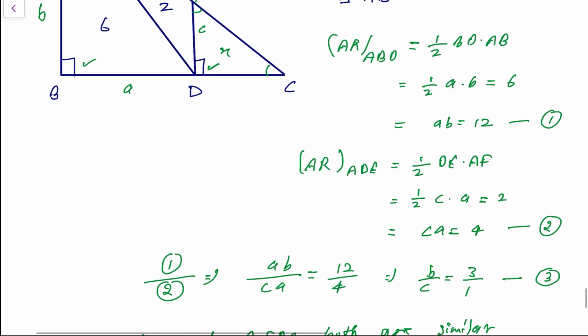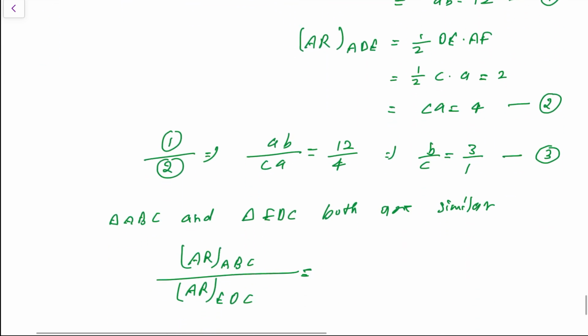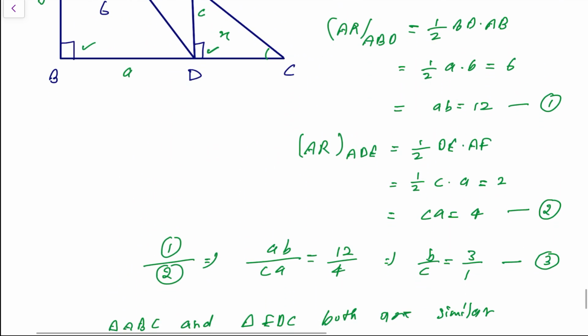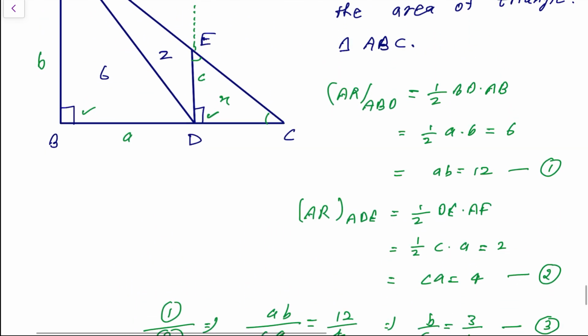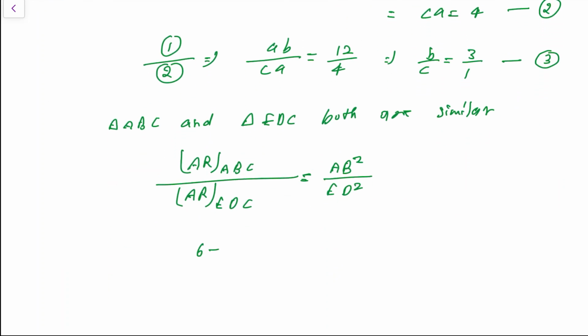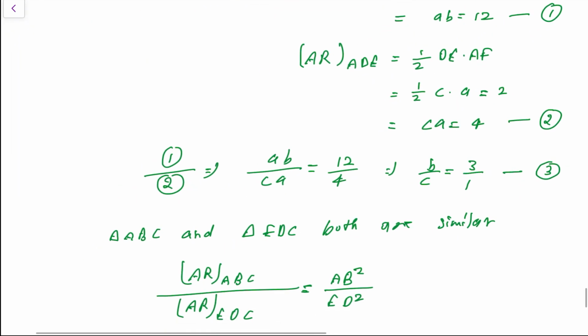Taking corresponding sides AB and ED, it can be written as AB squared divided by ED squared. The area of triangle ABC is 6 plus 2 plus x, and the area of triangle EDC is x. Further, AB is small b and DE is small c.